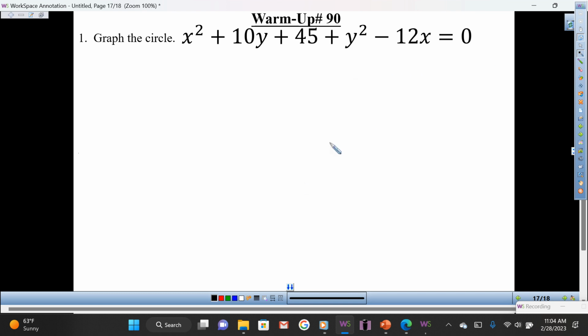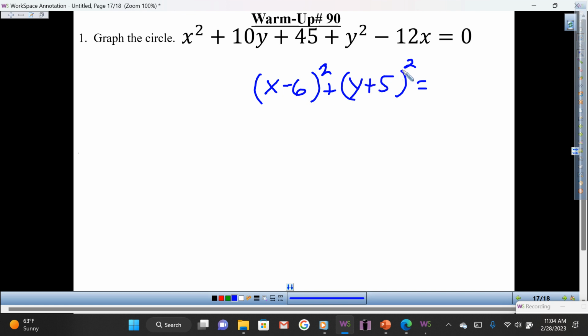All right, number one, what's your standard equation for that circle, Fabian? The standard form equation for that circle? That is correct. Check your work, please.